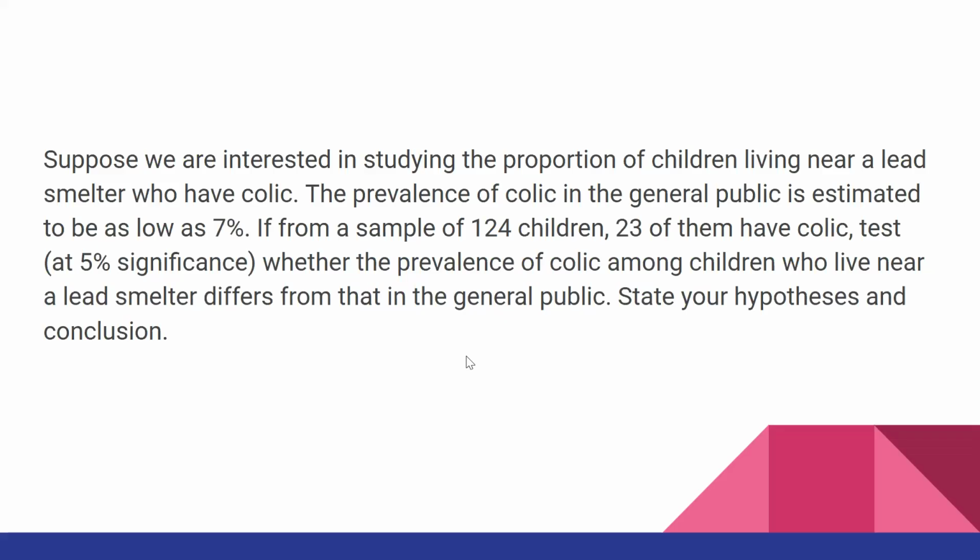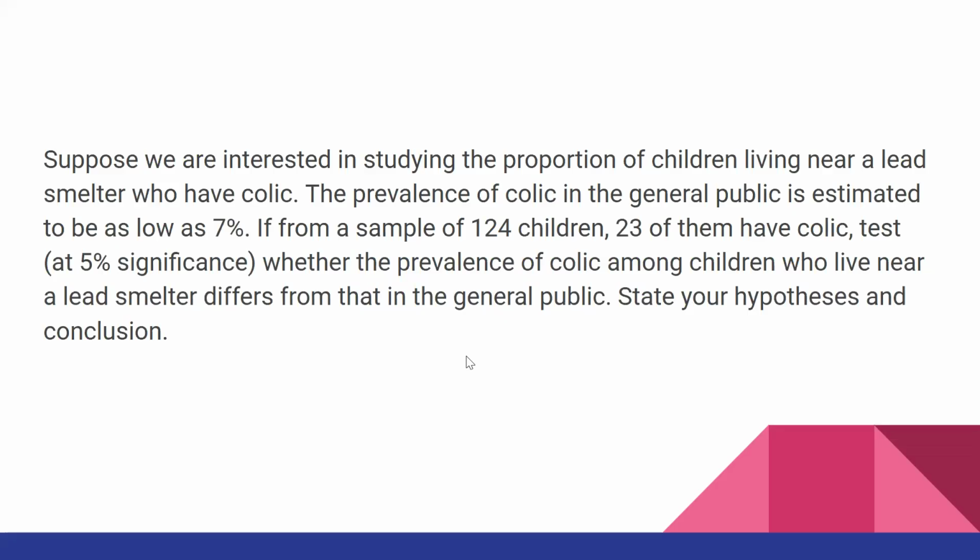That one you're going to identify and say this is proportion one. If there is another study done, then that will be proportion two. So if you only have one study done and you're comparing this study to a general population, to the population mean or to the population proportion, then you're dealing with one. But if you have two studies, you're told 124 samples were taken and this one was gotten, and those samples were taken and that one was gotten, you're dealing with two proportions or two means.